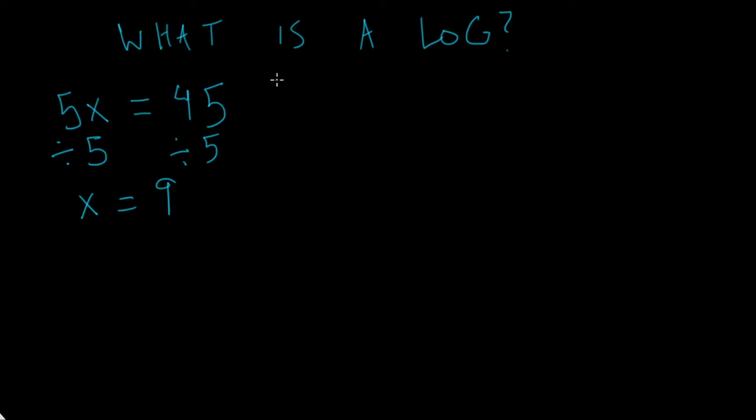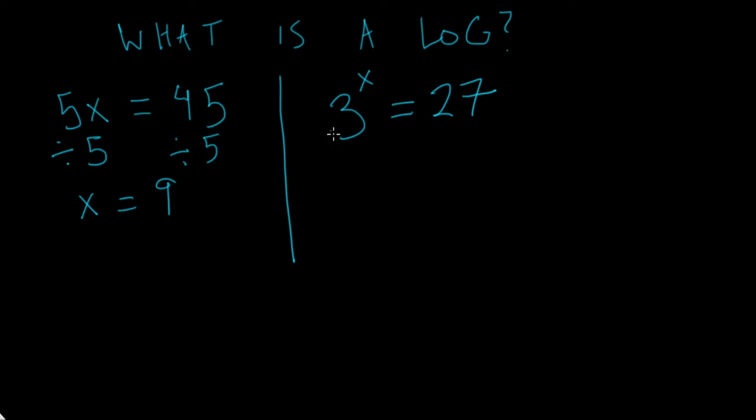Now, what if, on the other hand, we have something like 3 to the x power is equal to 27? How would we approach this problem? In the same way that we divide by 5 in 5x equals 45, there's not really an obvious quote-unquote opposite operation that we would use in order to solve for x here.